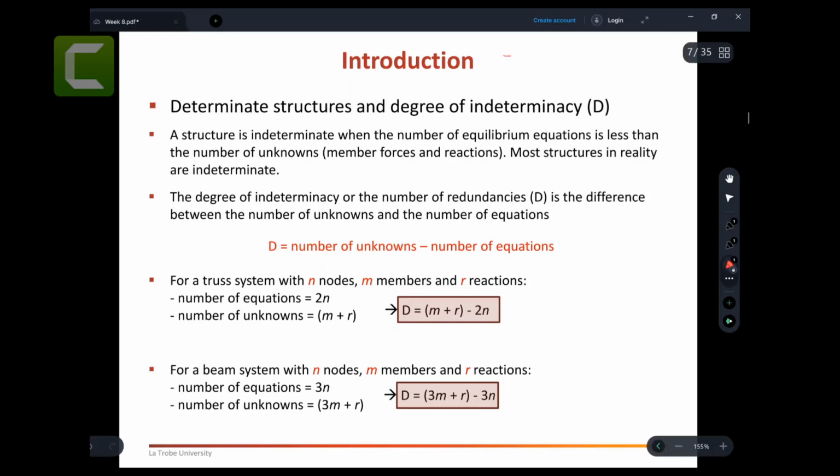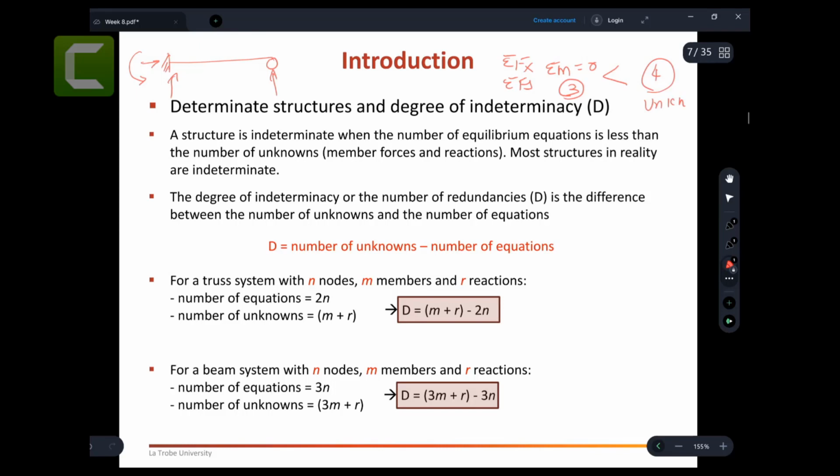Sum of the forces in the x direction, sum of the forces in the y direction, sum of the moments equal to 0. So there are 3 equilibrium equations, less than the number of unknowns. For example, in our previous example, we have unknown number 1, 2, 3, and 4. So you have 4 unknowns.